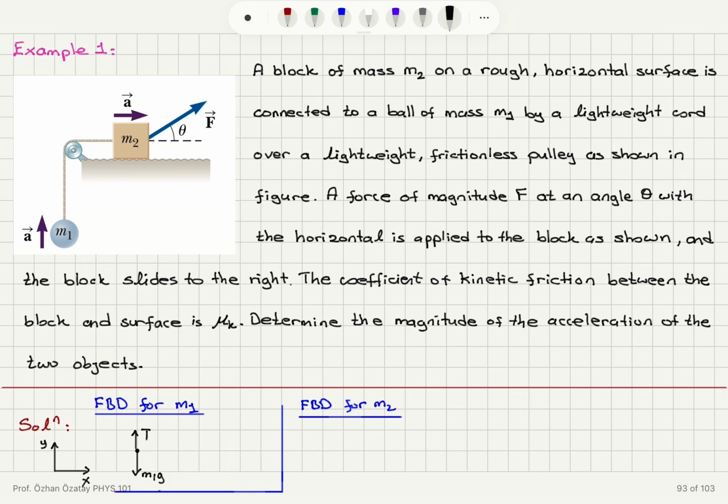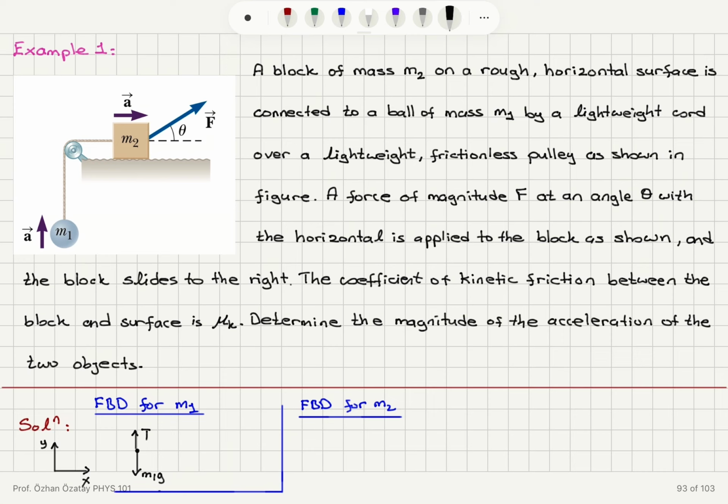And the net force in the y direction must be equal to mass m1 times its acceleration a, but the net force is tension T minus m1g, so T minus m1g must be equal to m1a.